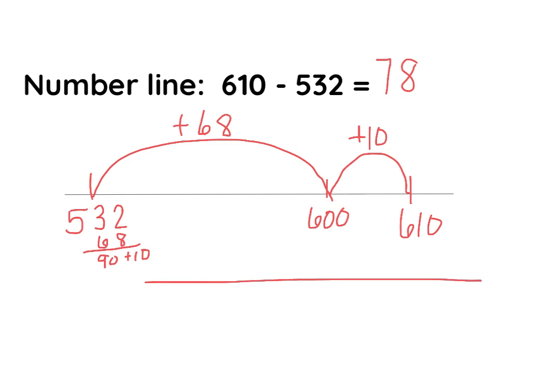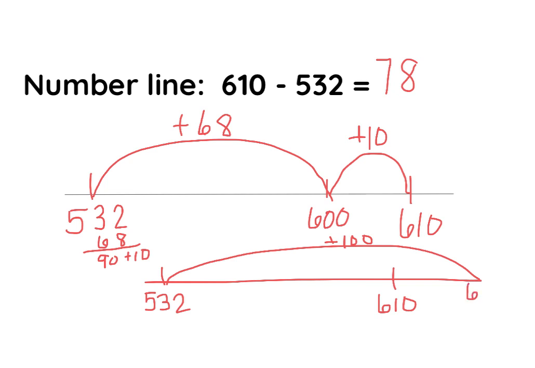Or this might be a fun one to start at 532 and say, I think I'm going to jump too far and add 100. And what's 532 plus 100? 632. Now, how do I get back to 610?